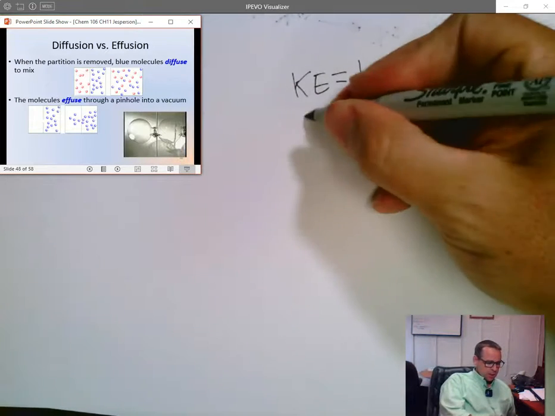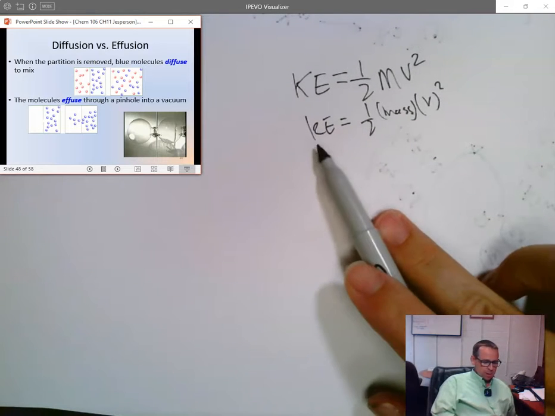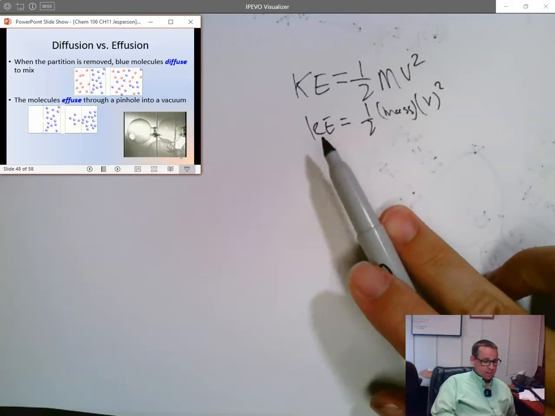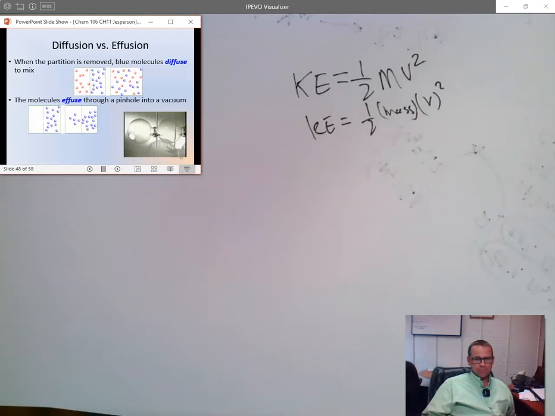So the kinetic energy, or the energy of motion of the material, is identified as 1/2 the mass times the velocity squared. All right? So we can also use this to talk about how fast the gaseous molecules are moving. All right?